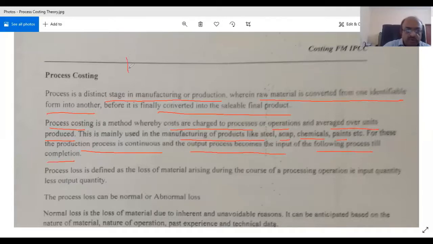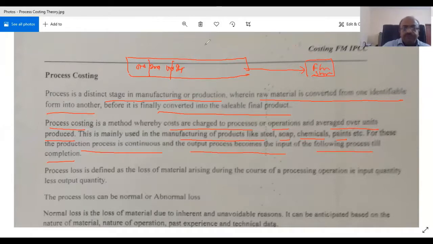So if you look at what we drew, the output of this process is the input for the next process, and so on till the end, when it goes out of the system to the finished goods stores or finished goods control account.